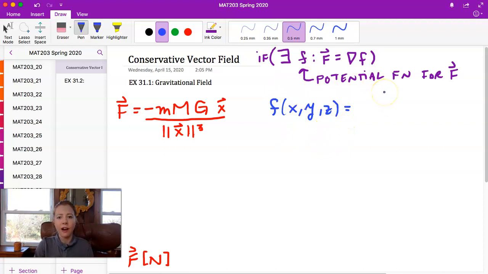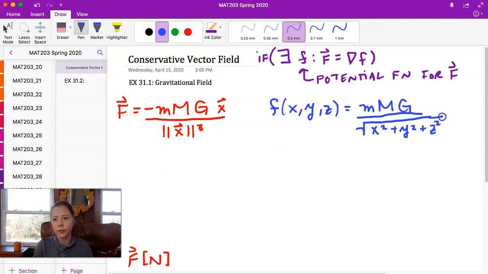The equation for gravitational potential is little m, big M, G, over the square root of x squared plus y squared plus z squared. Gravitational potential is energy.